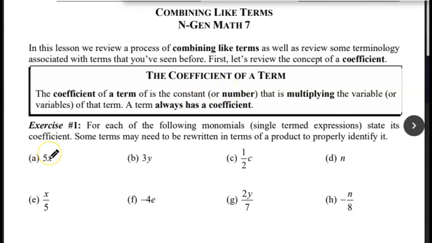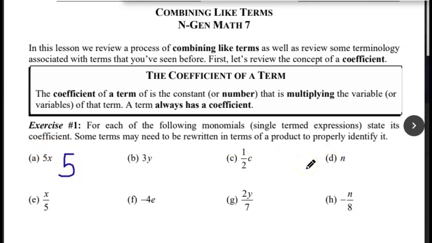So I'll answer 3 questions here. All right. So for number 1, what is the coefficient for 5x? What is the coefficient for 5x? MD? Is it 5? Yes. It's the number that multiplies variables. So here, for 5x, 5.